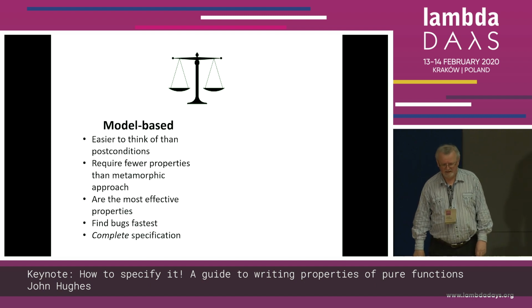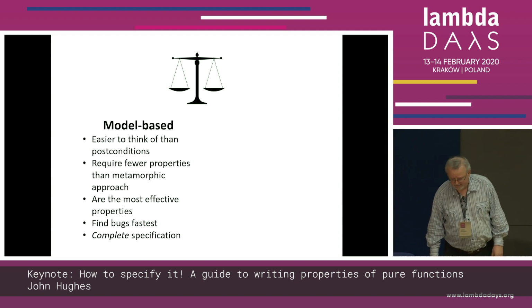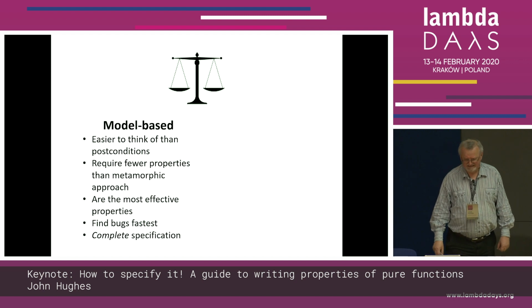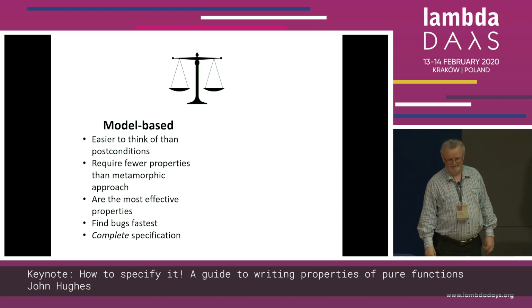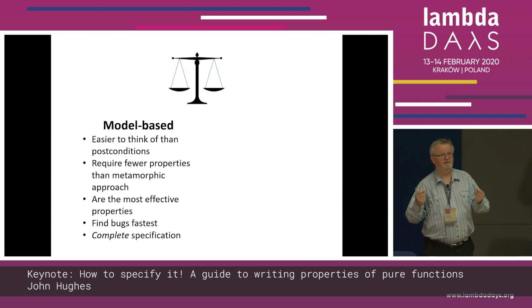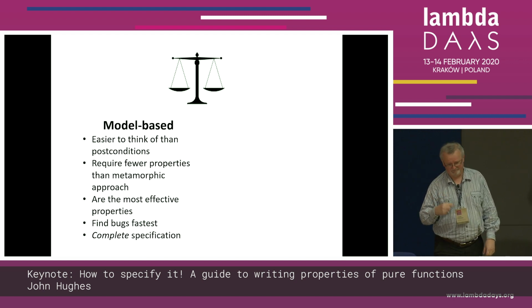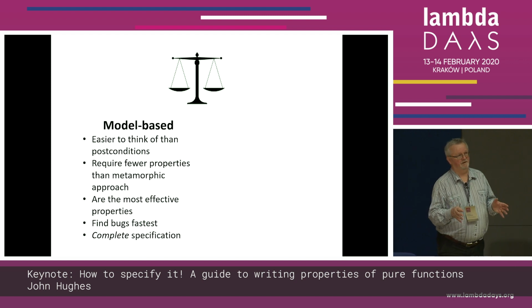So, what conclusion are we going to draw? Well, it sounds from all of this, surely, as though model-based tests are really winning here. Right? They're easier to think of than postconditions because we've got a systematic way of going about it. You think of your abstraction function, and you think of the abstract implementation. You have to write fewer properties than the metamorphic approach.